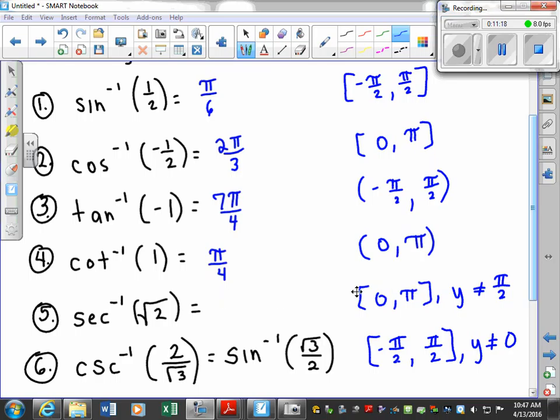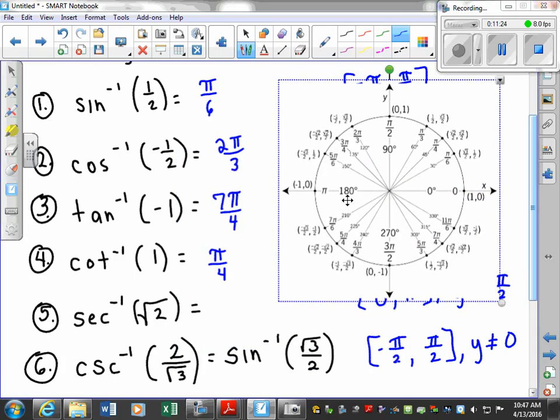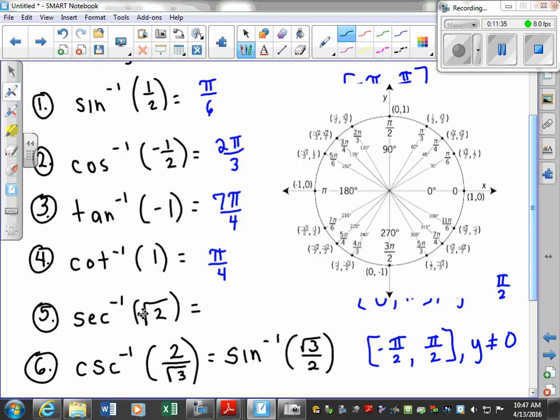Okay, so the first thing I did is define my region over here and my region over here, and then let me pull up a unit circle to answer these. So what did you get for this one in that region? We could also look at this one. I didn't make that note.